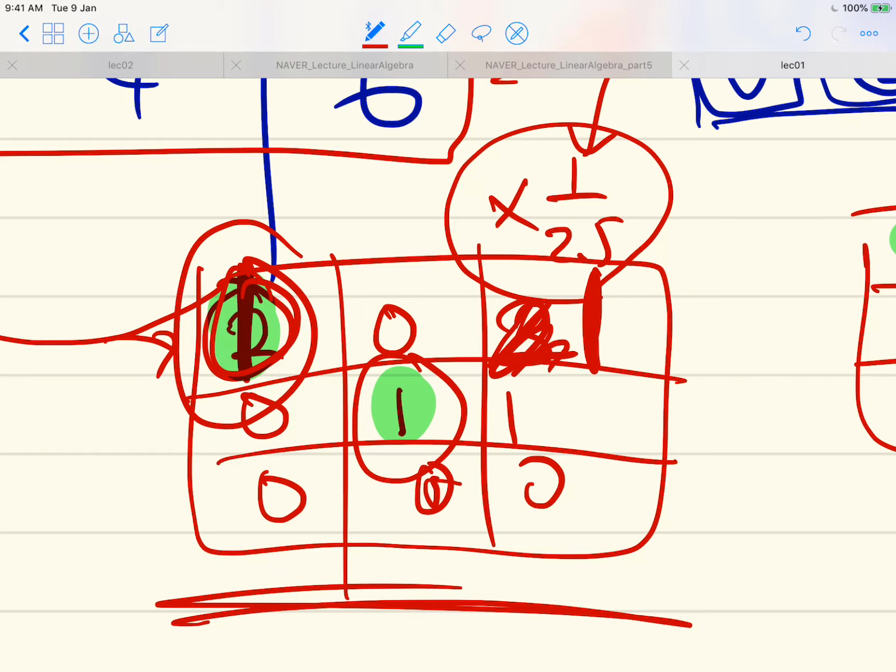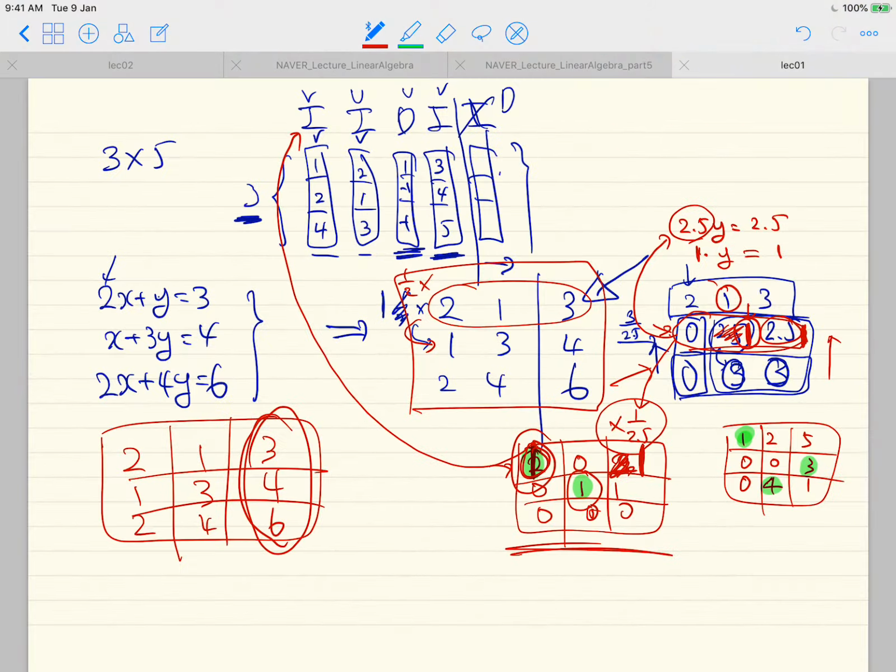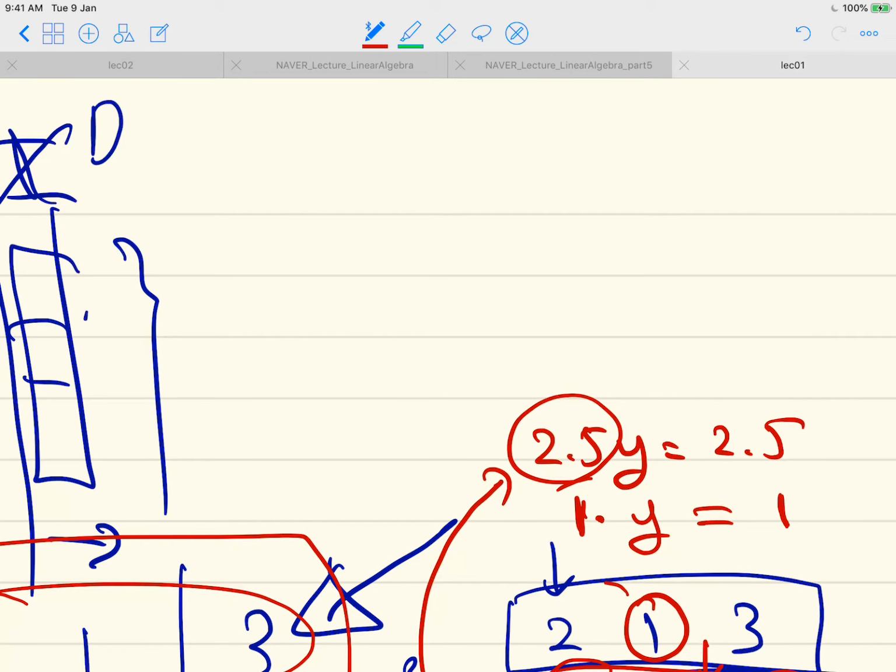So a pivot is chosen from each row. Then, is it possible that for some column we have more than one pivot or more than one leading entry? So in general, multiple leading entries can be found in a single column.